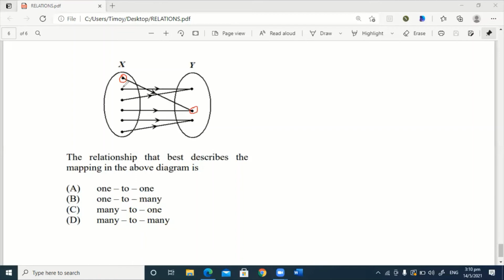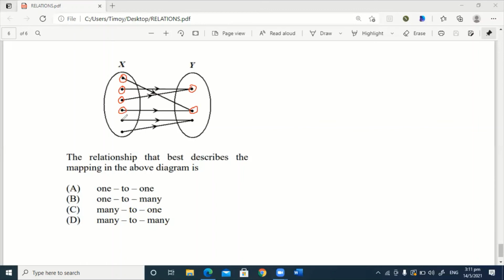We have this point mapped onto this one, and also this point mapping onto the same one. So that looks like many to one there. So you have many elements, more than one element in the x going on to one element in the y. That's not the only case where we have that. We also have this point here goes on to that, and this one also goes on to that. So that's more than one point going on to a single point over here.